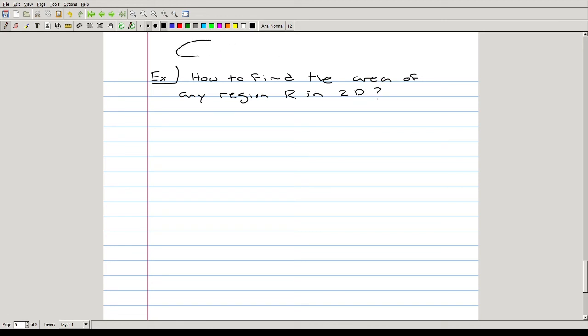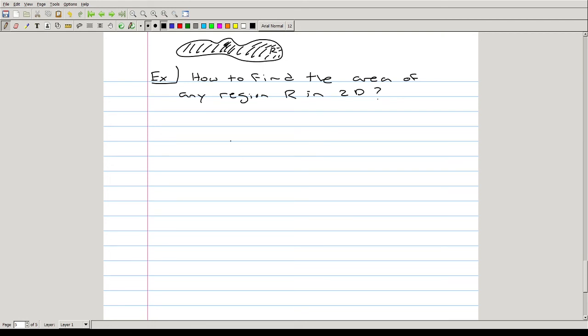This could be a very, very complicated region in two-dimensional space. In general, this is a hard problem. It's a very difficult integration problem.